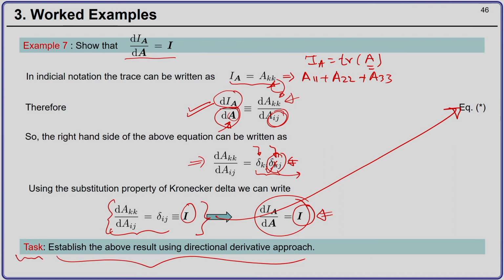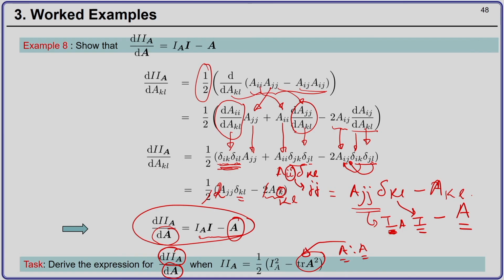So, dI1 by dA is nothing but I. The second invariant of the tensor, I2 of A: the derivative of the second invariant of the second order tensor with respect to the tensor itself is nothing but the first invariant of the tensor multiplied by the second order identity tensor minus the tensor itself.